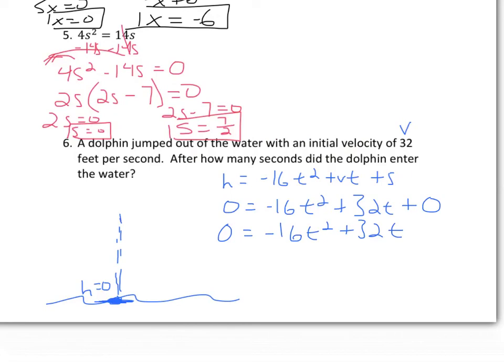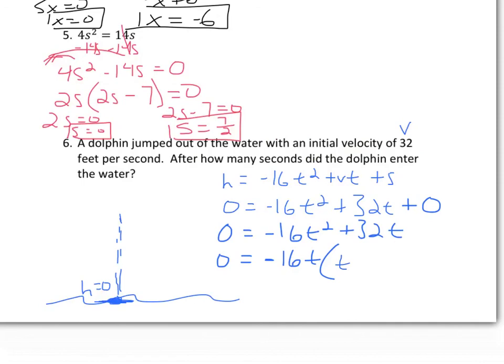So we could pull out whatever's common of these. We could factor that side, and when you factor it, you should be able to pull out a negative 16t. If you pull out a negative 16t in this first term, you'll be left with just a t.